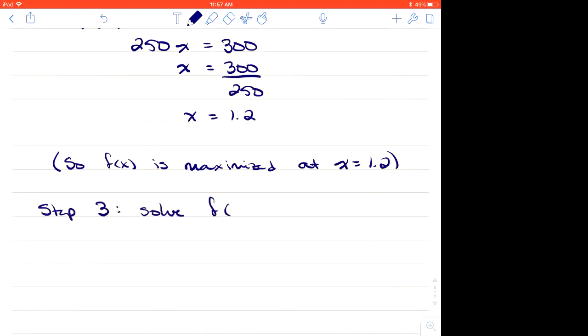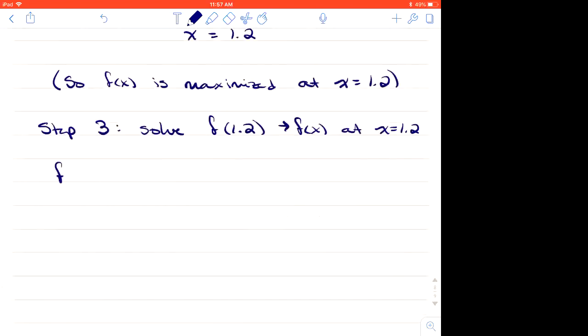Solve f of 1.2, which is f of x at x equal to 1.2, right? Using function notation. So f at 1.2, being careful that you don't use the derivative anymore.